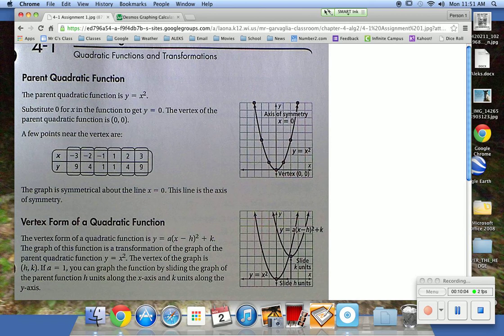Axis of symmetry. How many of you have seen the ball on a rope that you swing around a pole?